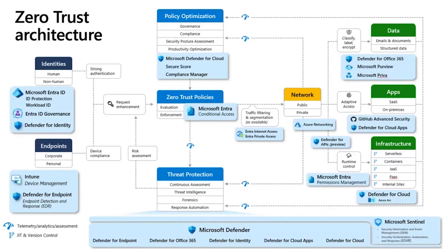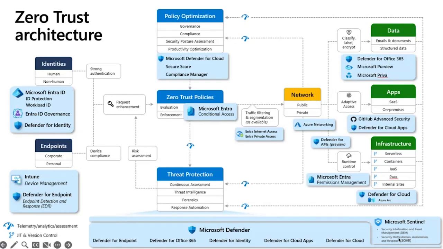Now, we have different solutions that we can use in these 6 pillars. But also, we can collect data logs from all these places, and we can analyze them in our own SIEM and SOAR solution, that is Microsoft Sentinel.